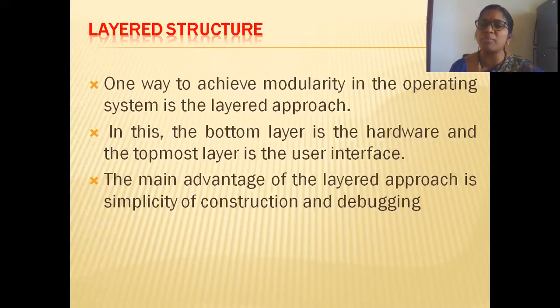In this, the bottom layer is the hardware. That means layer 0 is the hardware, and the topmost layer is the user interface. What is the user interface? User interface is nothing but the display where it shows how you can interact with your machine. The main advantage of the layered approach is the simplicity of construction and debugging.